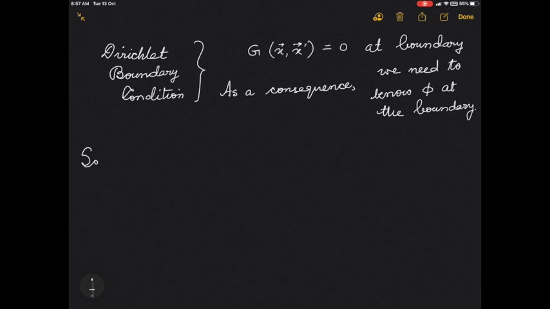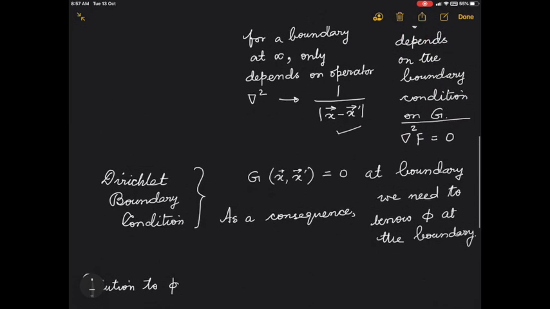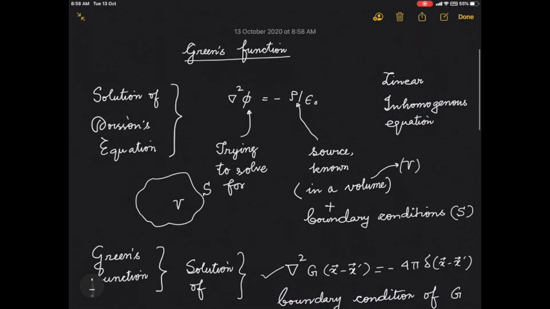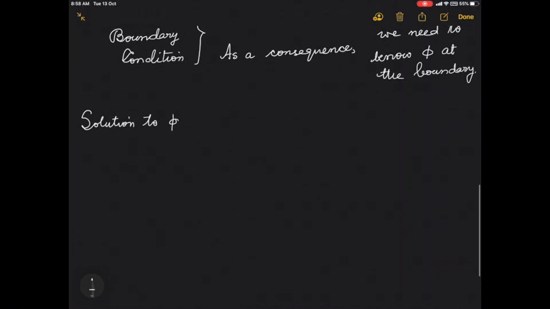If I do all these, now the general solutions, the solutions to phi. So till now I have been dealing with solving a problem that I created, which is this one. But we are interested in solving the original Poisson equation. So the solution for that Poisson equation now can be written this way.